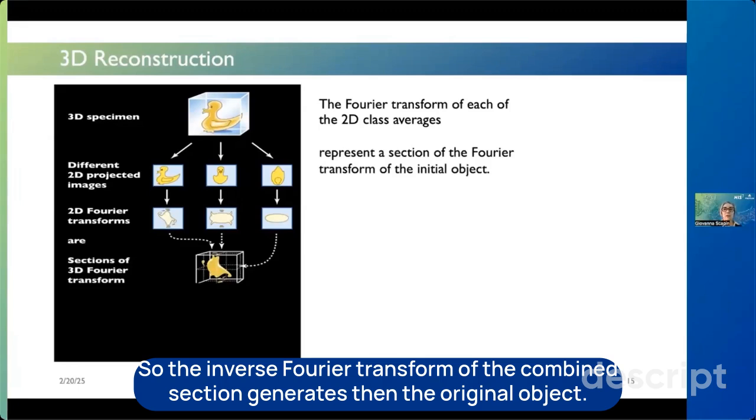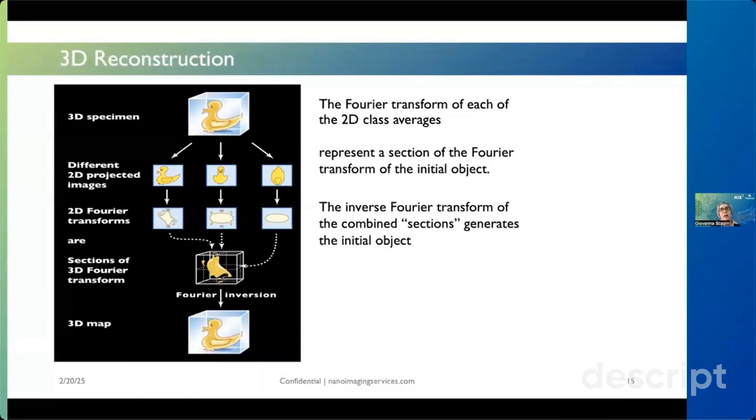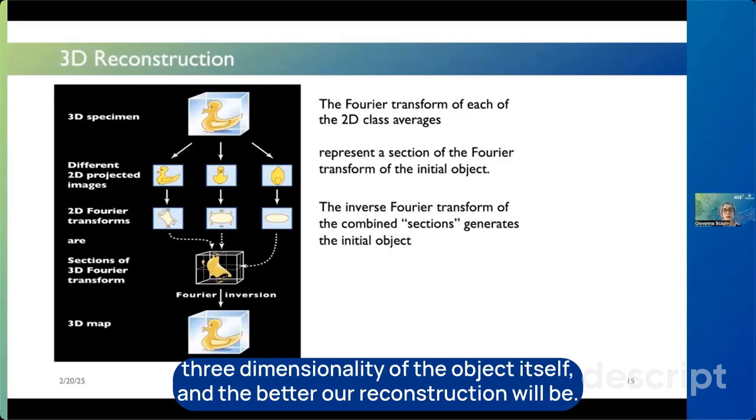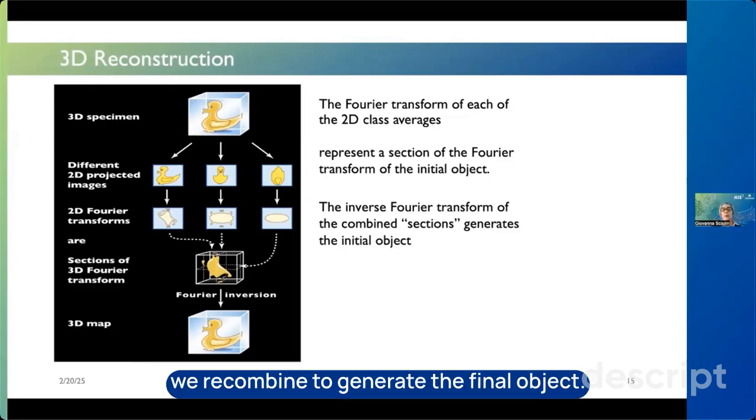So the inverse Fourier transform of the combined sections generates then the original object. And of course, the more views we have, the more information we have about the three-dimensionality of the object itself, and the better our reconstruction will be. So we need the 2D classes in order to generate the individual Fourier transforms that we then recombine to generate the final object.